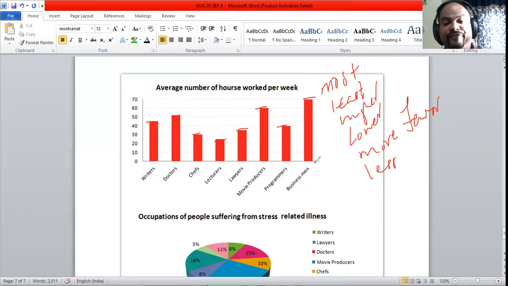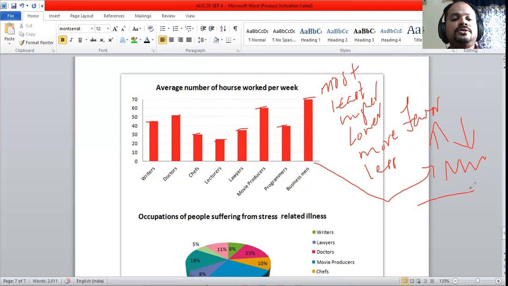If it is a movement chart, I could have used increased, decreased, fluctuated, remained constant. So this is the difference between static data and movement data. It is the vocabulary used to compare.